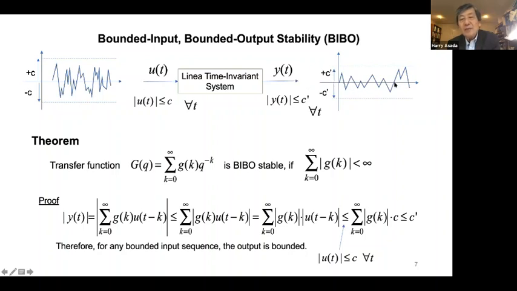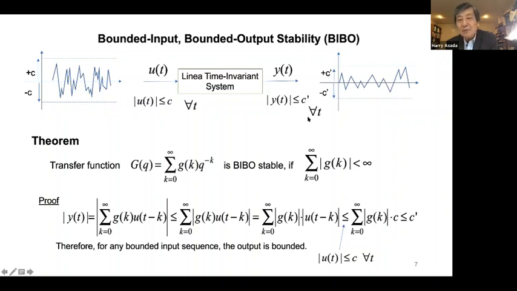The output is also bounded. The output is always bounded as long as you provide an input that is bounded. That is bounded input, bounded output stability. With that definition of stability, that really makes sense, right? As long as the input is bounded, the output is always bounded.